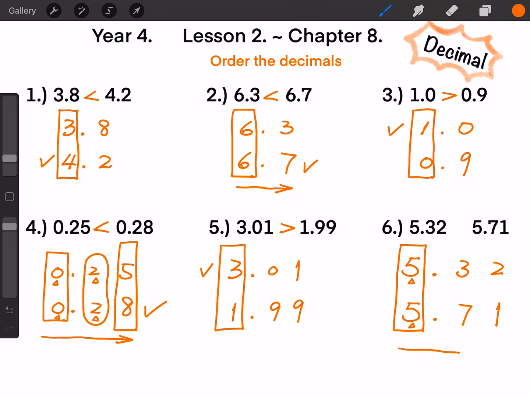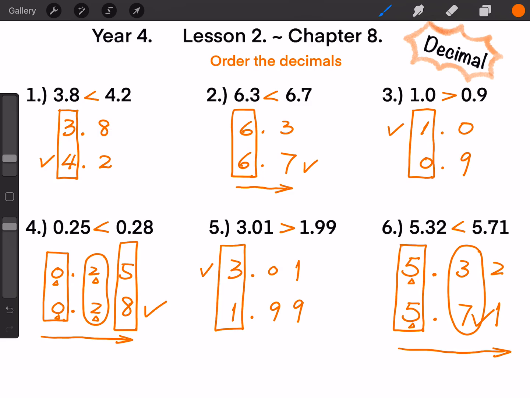Then we move towards the right. On the tenths position, 3 is smaller than 7. So 5.32 is smaller than 5.71.